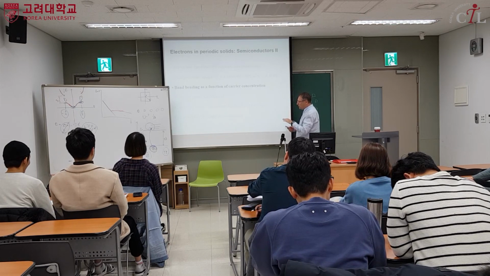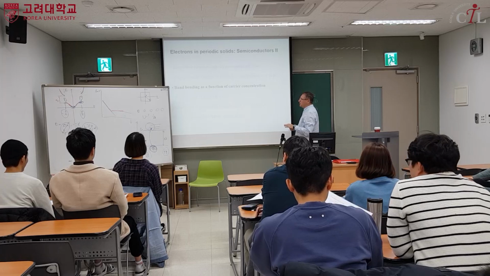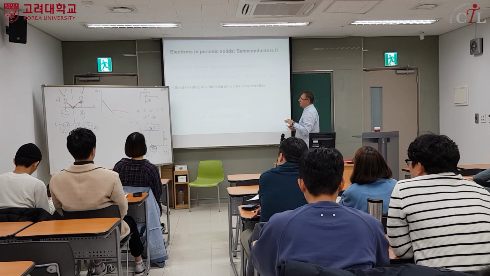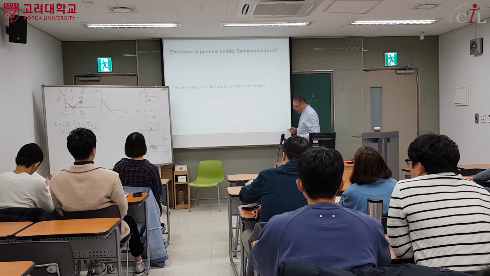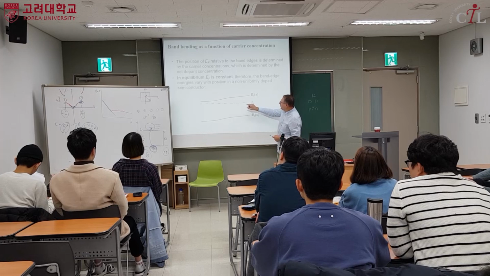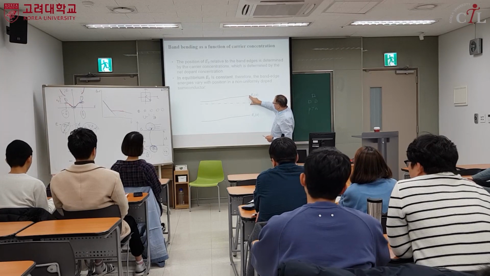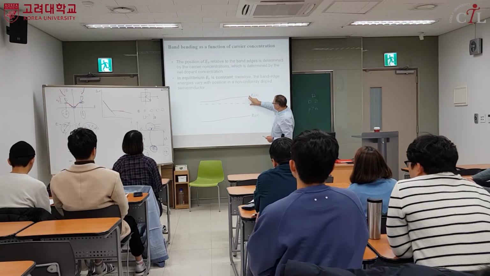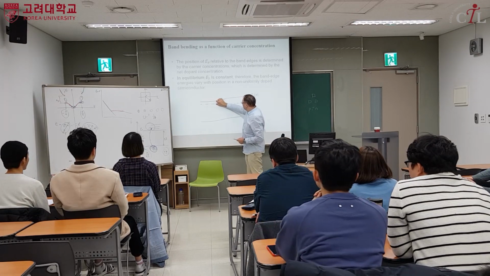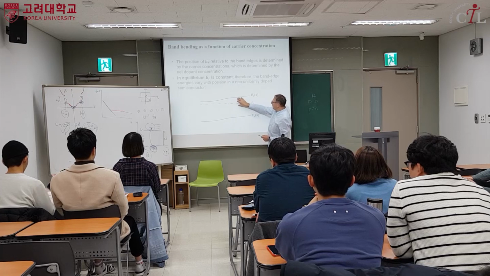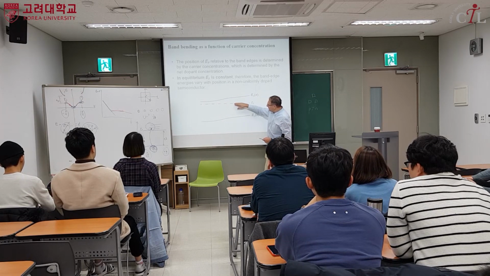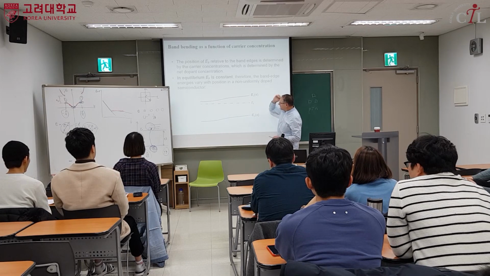So when we change the concentration of electrons, that also results in band bending. Why? Because if the material is more intrinsic, and if the material is more doped, like it is here, in the same material, the Fermi level at equilibrium is at the same position.